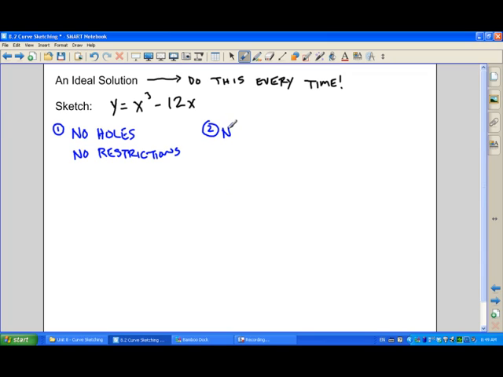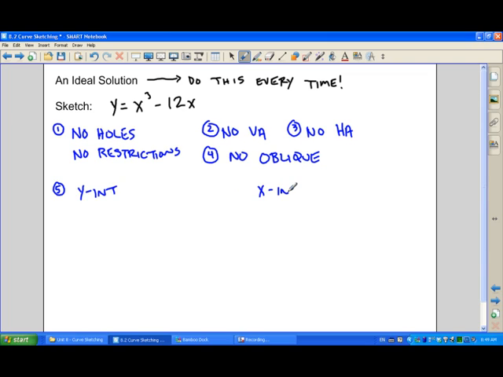I also know this has no vertical asymptote, no horizontal asymptote, and no oblique asymptote. So I've knocked off the first 4 items on my algorithm just by realizing and remembering the shape of this function.